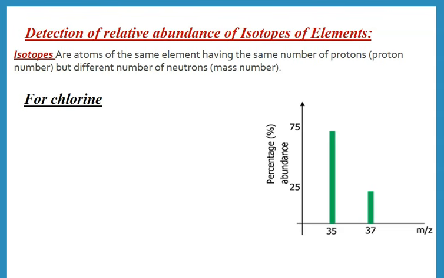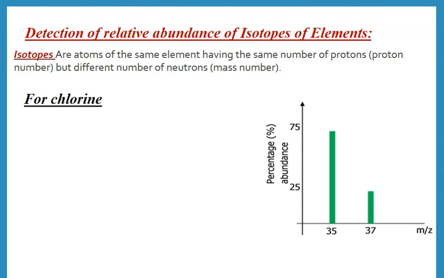If I'm analyzing something like chlorine, this is the kind of spectrum that I would get. I will find that I have 2 peaks in my spectrum for chlorine. The first thing this will tell you is that the chlorine has 2 main isotopes. So when I get 2 peaks in the analysis of an element, that means I have 2 different isotopes.